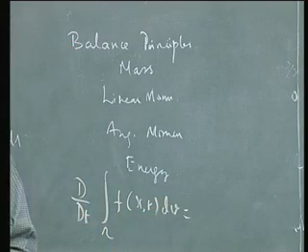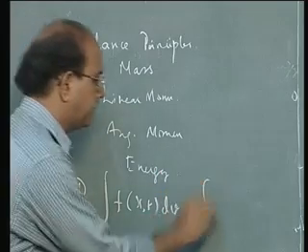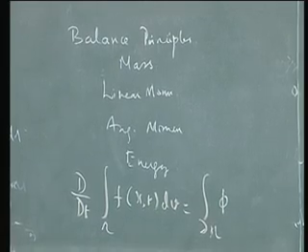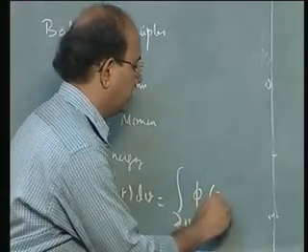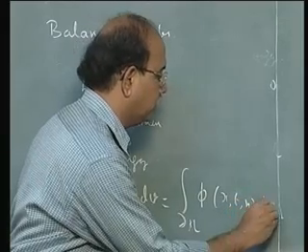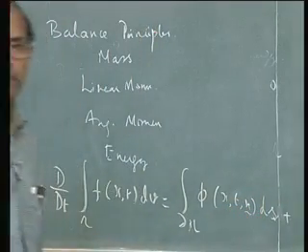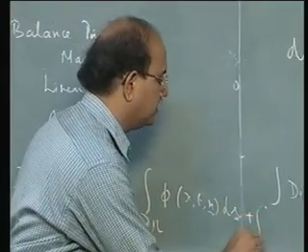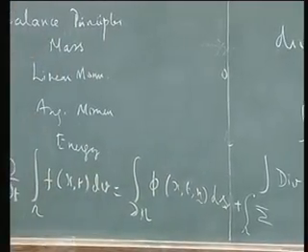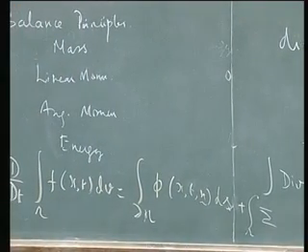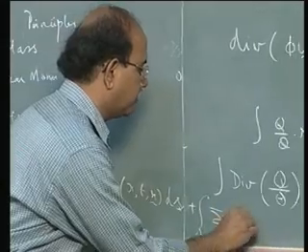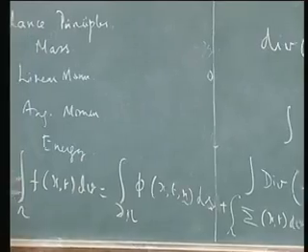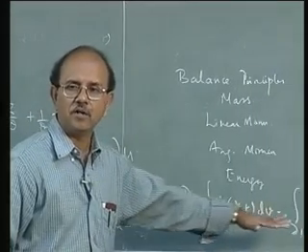That quantity is equal to the integral over the boundary d omega of phi, which depends upon x, t and n, ds, plus the integral of sigma, which you can immediately say is something like a generation term, depending on x and t, dv. This is a general balance law.